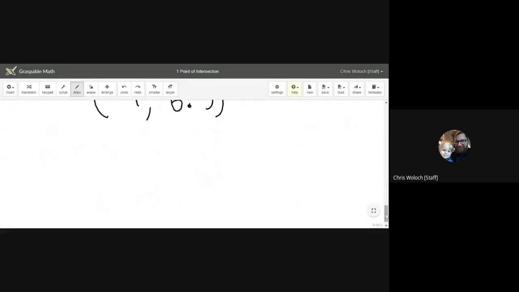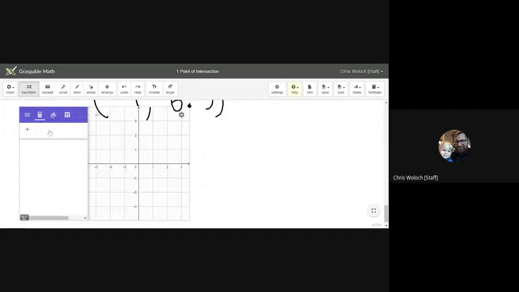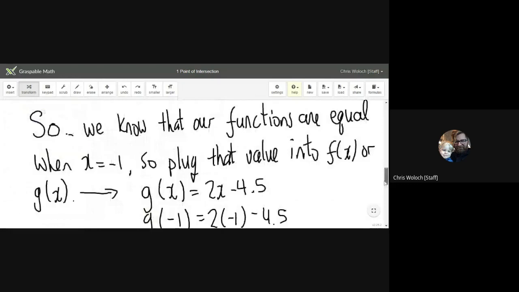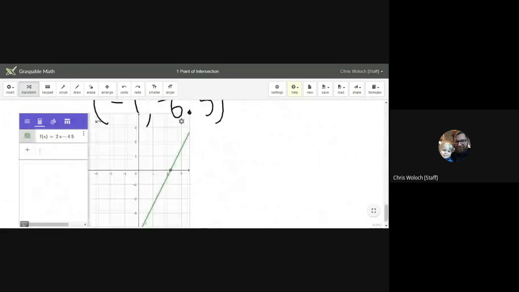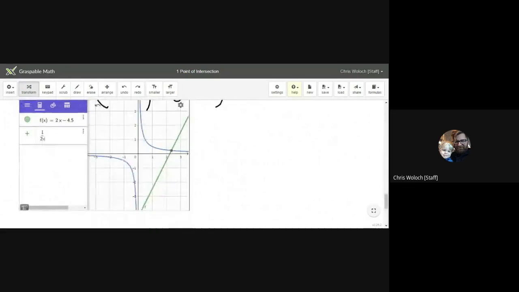And again, if I go down, let's try this out. I think I can add a graph. So now if I type in the actual equations, I have 2x minus 4.5, and then the other one, 1/2 x squared plus 3x minus 4.